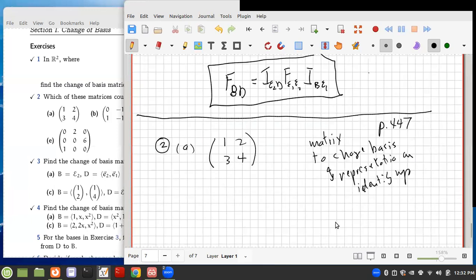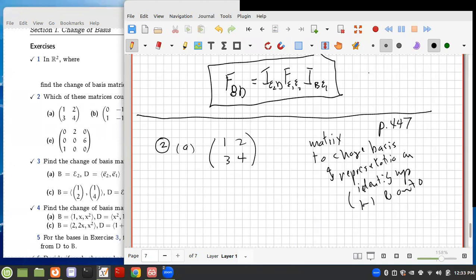If we want to have the identity map, an identity map is 1-to-1 and onto. So if this matrix is going to represent the identity map, it must be 1-to-1 and onto.